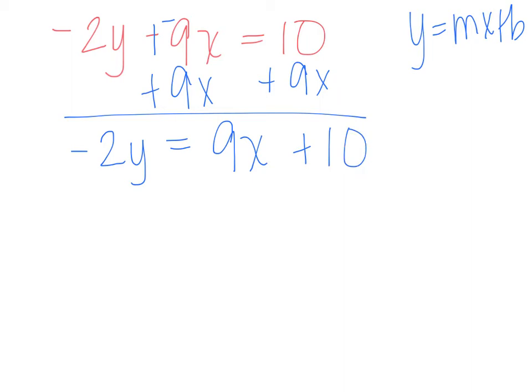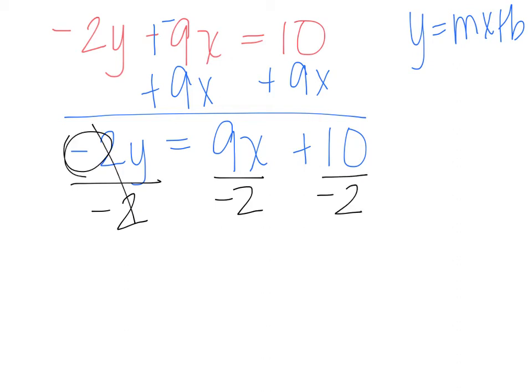Then I need to divide by a negative 2 to every term. So that negative is going to move with the 2. So I'm left with y equals, and I'm going to write this as negative 9 over 2x plus, now 10 divided by negative 2 is negative 5.